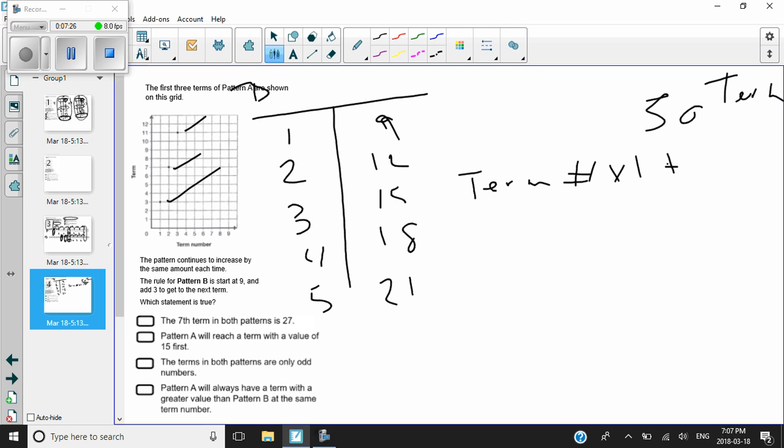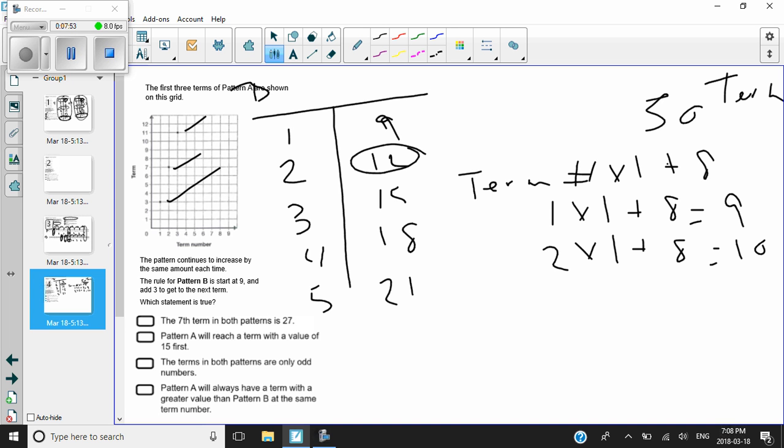Plus 1 times 1 plus 9 would be 10, so plus 8. So let's try it. 1 times 1 plus 8 equals 9. Does it work for the second one? 2 times 1 plus 8. So 2 times 1 is 2 plus 8 equals 10. Nope, sorry, it's 12. See here, it's 12 here, so I know my rule doesn't work.